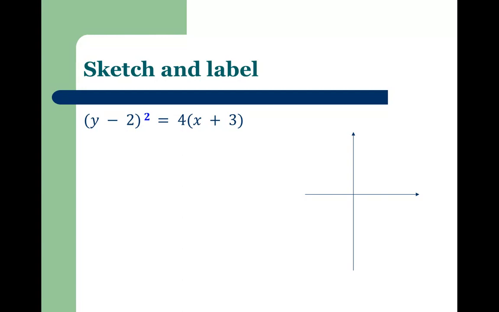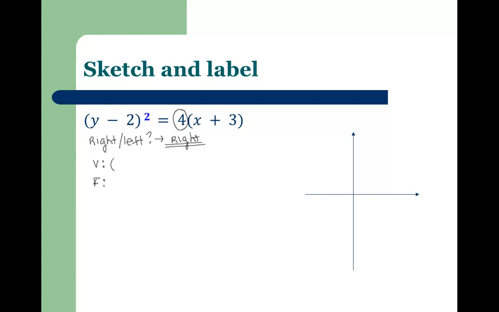So this is going to open right or left because it's my y that's squared. Because of this 4, because 4p is positive, it's going to open to the right. So whenever I figure out what the vertex is, I know that to get to the focus, I'm going to have to move to the right.